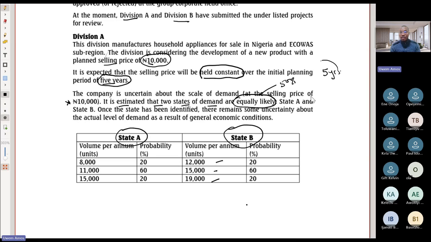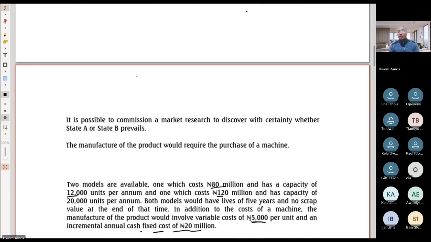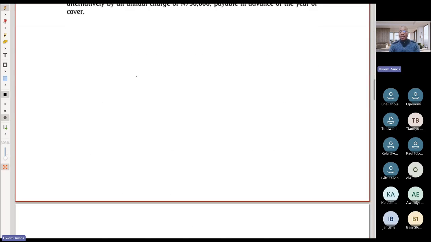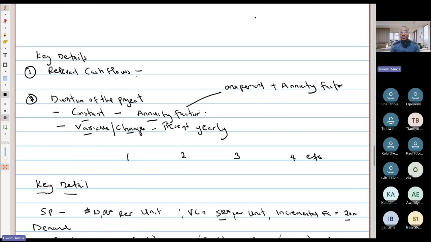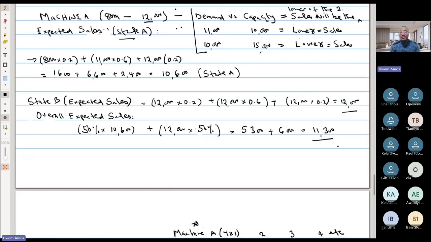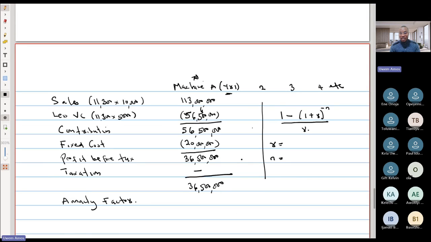I wrote it down here, for a period of 5 years. So our N is 5. That leaves us with calculating what the rate of return or the cost of capital is.